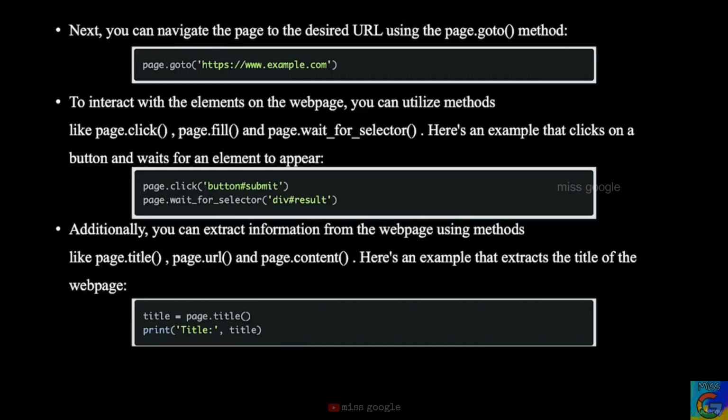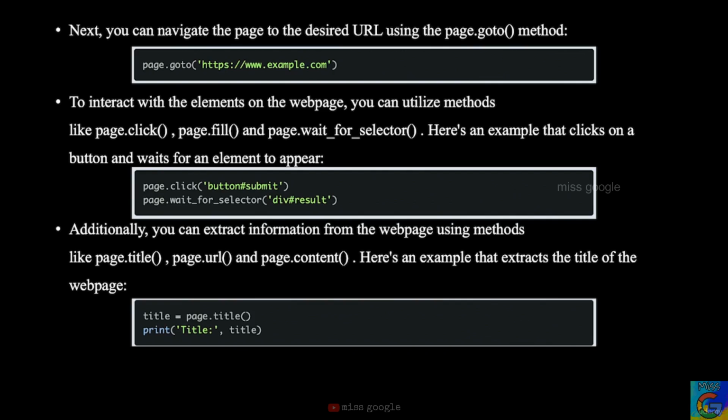So the next step: once the browser context and page are created, you can navigate the page to the desired URL using the page.goto method. To interact with the elements on the web page, you can utilize methods like page.click, page.fill, and page.wait_for_selector.